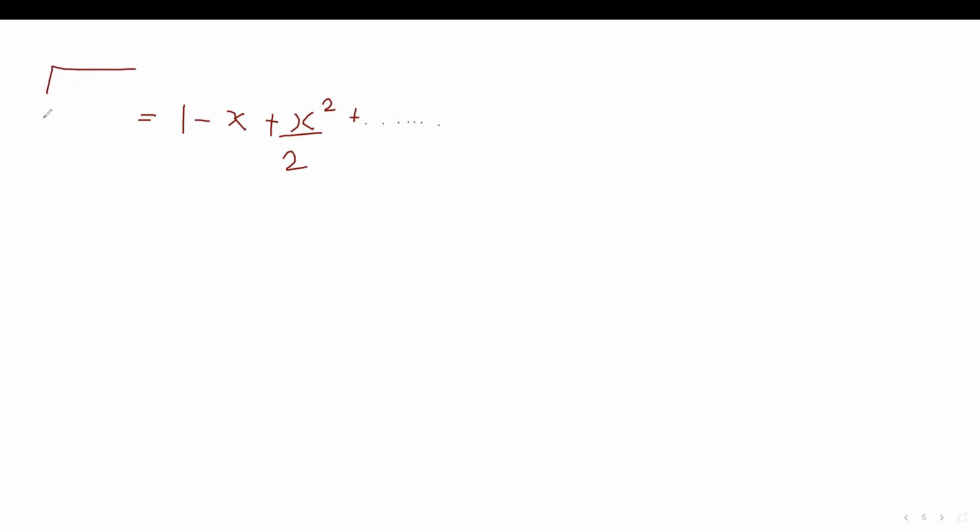This is the answer. Remember, it said we can neglect our x cubed term. So 1 minus x over 1 plus x, all square rooted, is this. So remember, we neglect x cubed terms since x is very small.